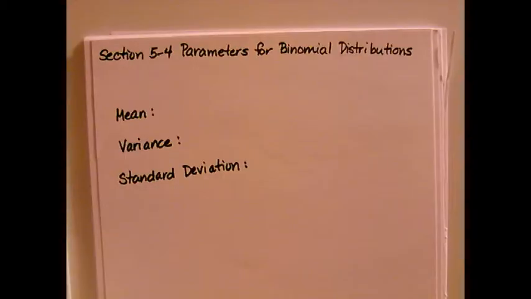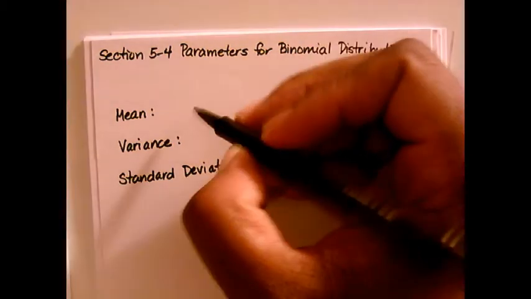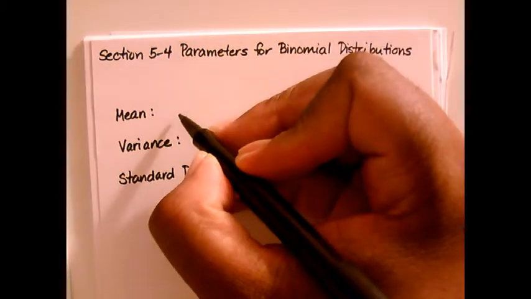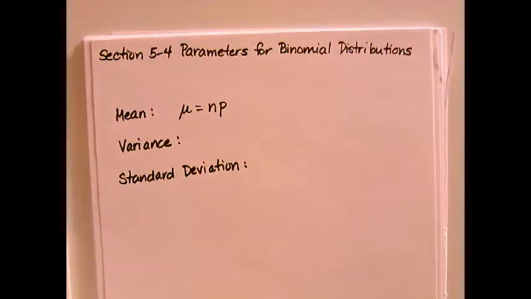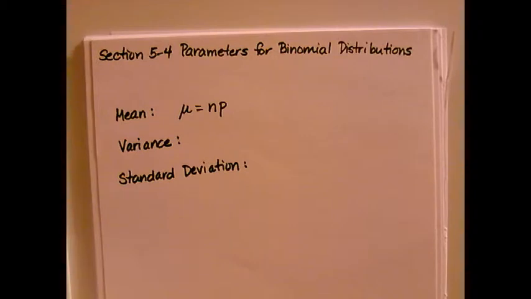Now here, the ones that we're going to be using are quite easy, because for the mean, it's just going to be this formula: mu is equal to n times p.